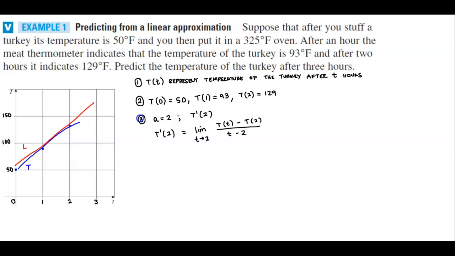So what we want to do is find the rate or the slope. We're going to let t equal 1 and plug it in. If we let time t equal 1, that's 1 hour, we get an approximation for the slope. So T prime of 2 is going to be T of 1 minus T of 2 divided by 1 minus 2.